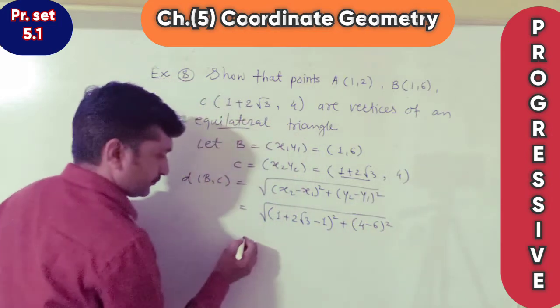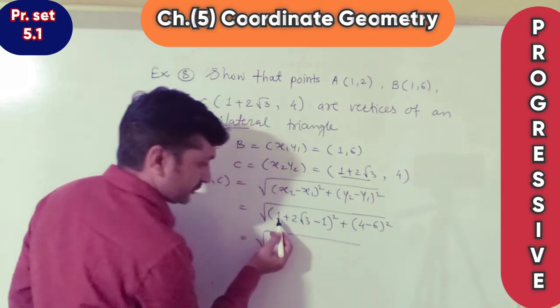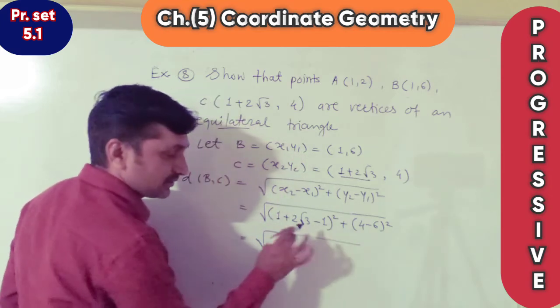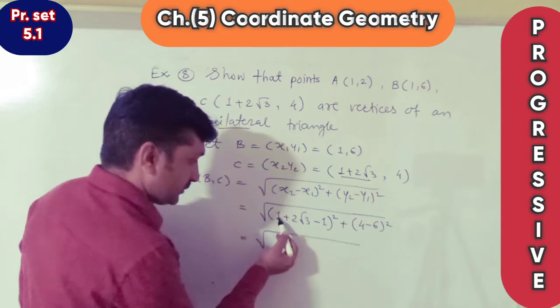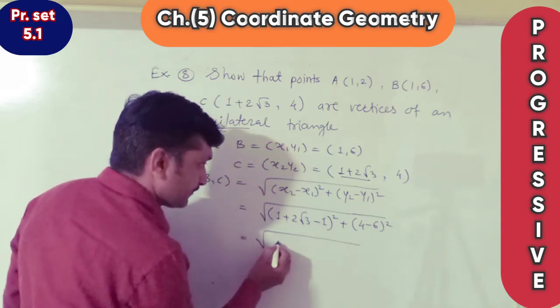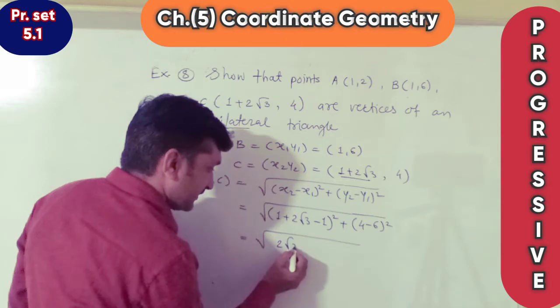Now here you see 1 minus 1 cancel, 1 minus 1 is 0, no need to write, means only 2 root 3 is left here.